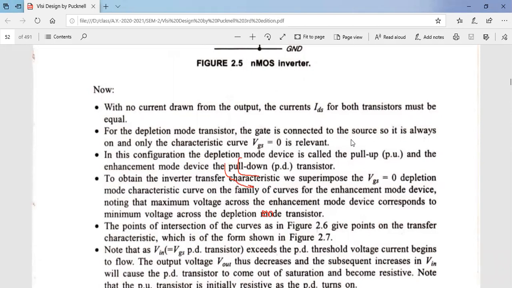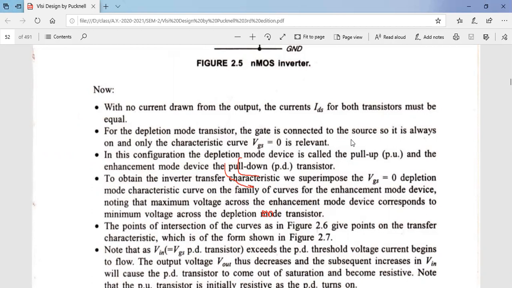So the depletion mode device is generally called the pull up, and the enhancement mode device is called the pull down transistor, right? We call them pull up and pull down transistors. This can be easily understood after the discussion of CMOS technology.